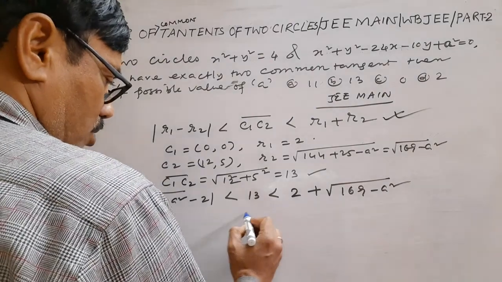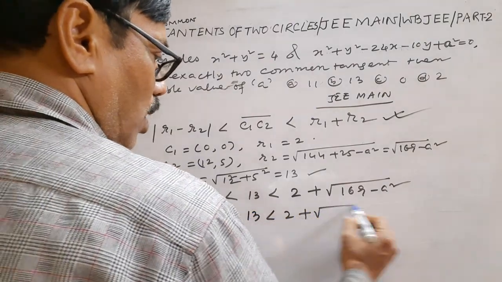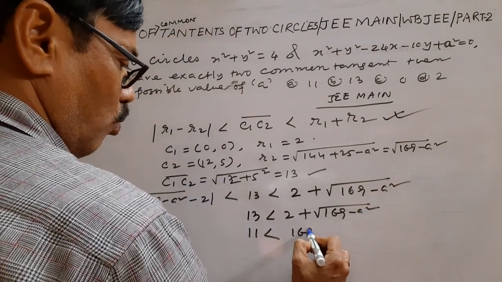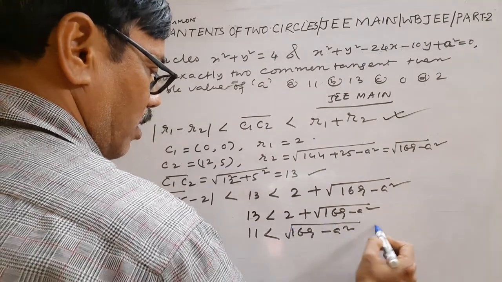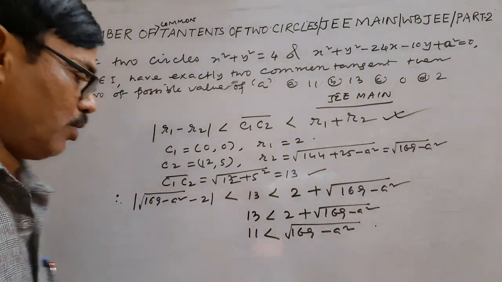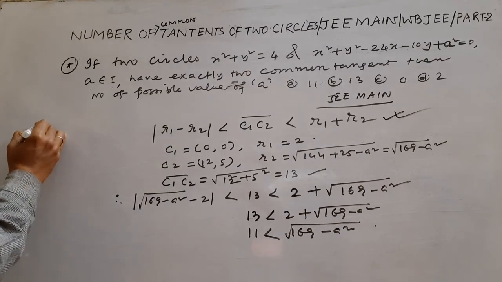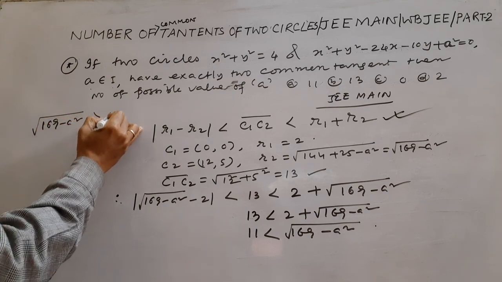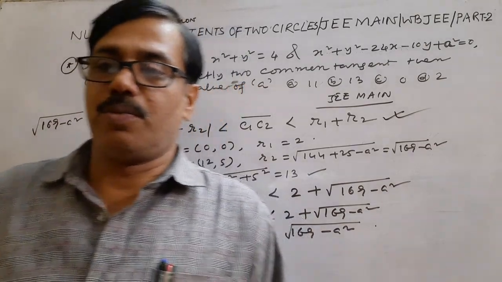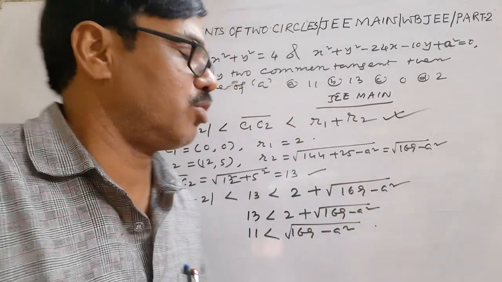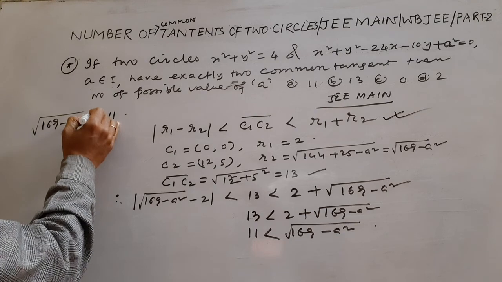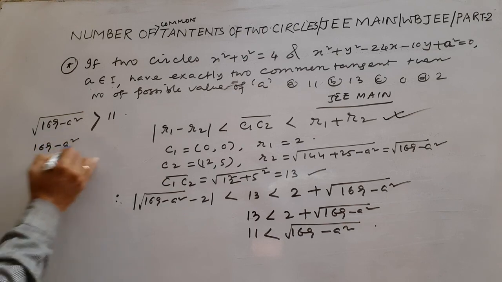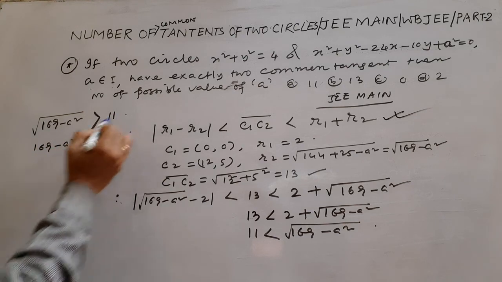So if we consider this, 13 less than 2 plus root of 169 minus a square. So 11 less than root of 169 minus a square. If we square an inequation, when it is greater than, it is always possible. So 169 minus a square greater than 121.